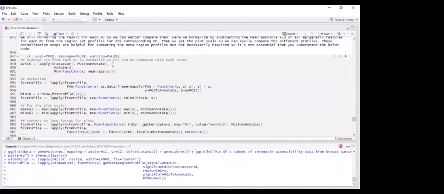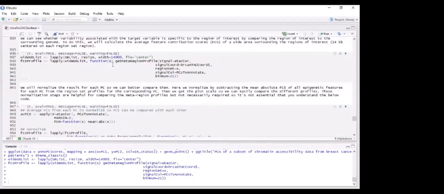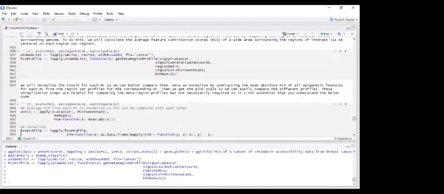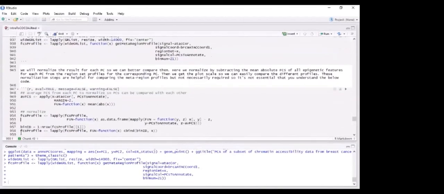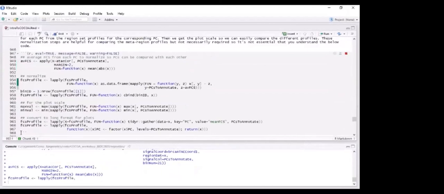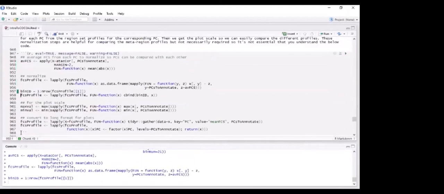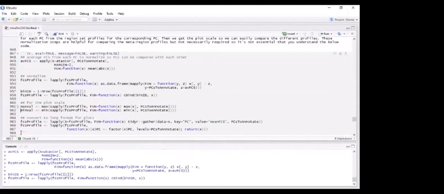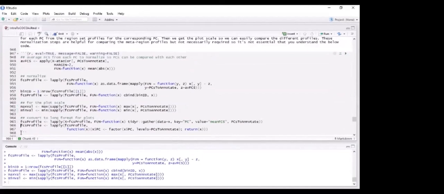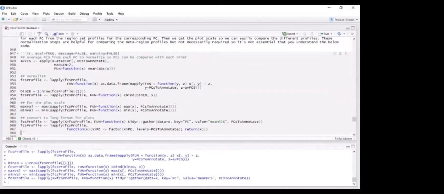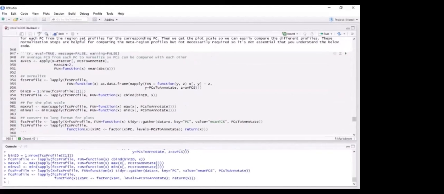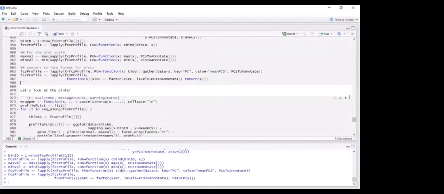So once again, we're just doing some normalization here for the sake of visualizing this. If you just give me one moment. All right, so now we can take a look at those plots.